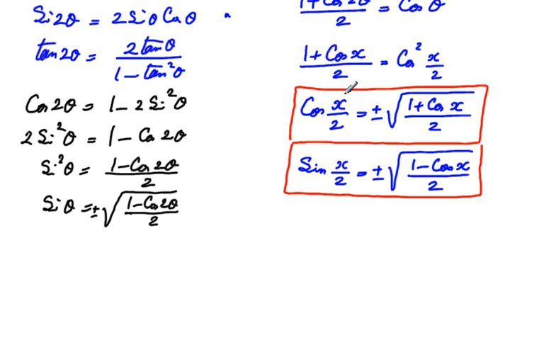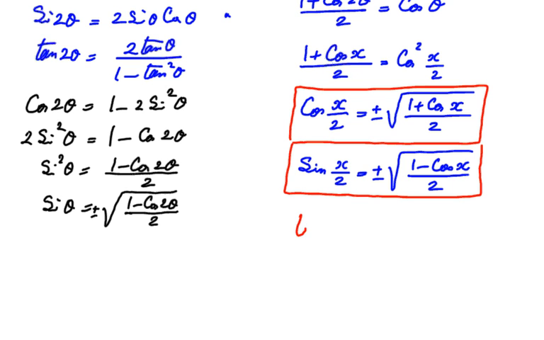You have to decide what quadrant your x over 2 is in. Based on that, decide what flavor your function has, and based on that, choose your plus or minus. Now, the way we have written this, it doesn't mean that plus goes with plus or minus goes with minus. Any of these could go with any of those, and vice versa. So there is no ordering involved here.